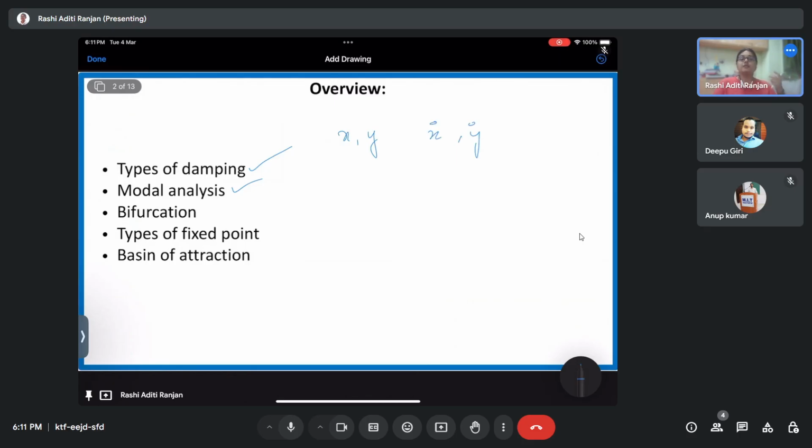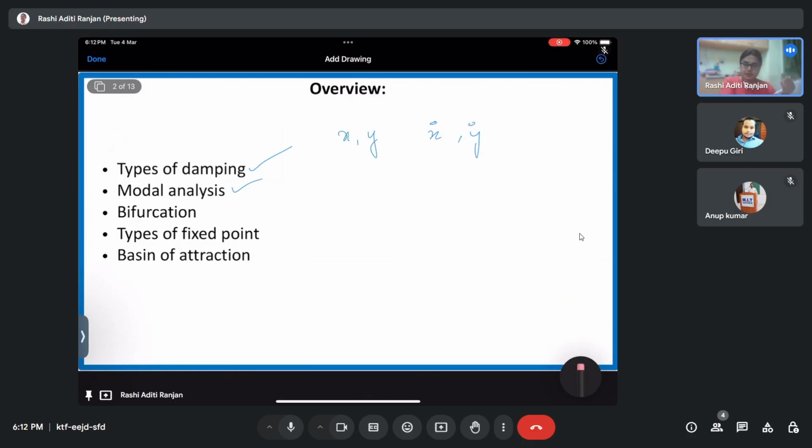If we want an equation that is independent, like in terms of x we have only terms of x and it is independent of y, then we use modal analysis. We basically do some matrix manipulation, and on the basis of that we try to decouple the equations, and once the equations are decoupled it becomes easier for us to solve them.